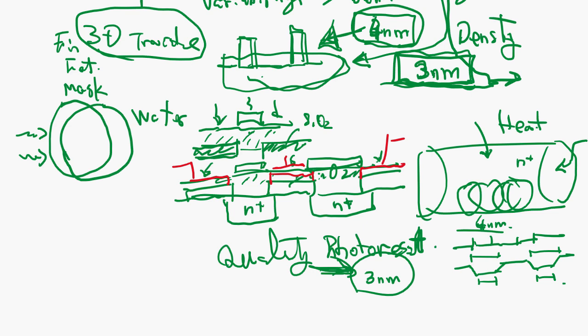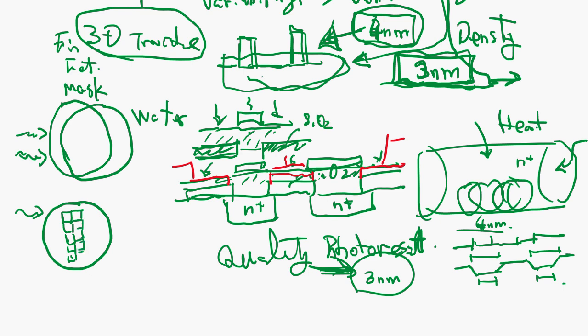Now, how about this method? They switched many years ago to the stepper. What is a stepper? With a stepper, each die has a mask and you expose, and after exposure, this window moves according to the wafer's geometric shape.